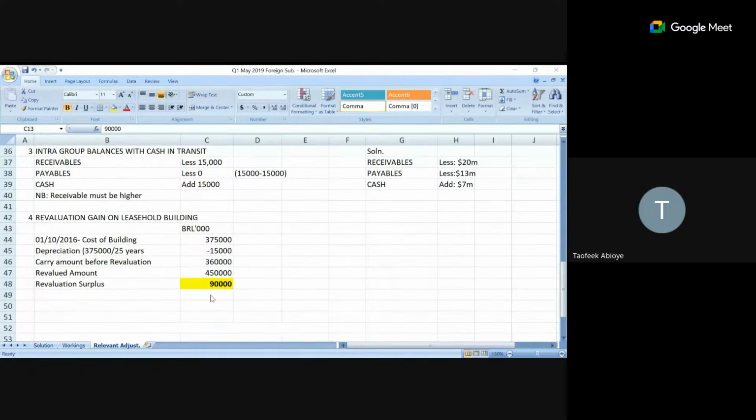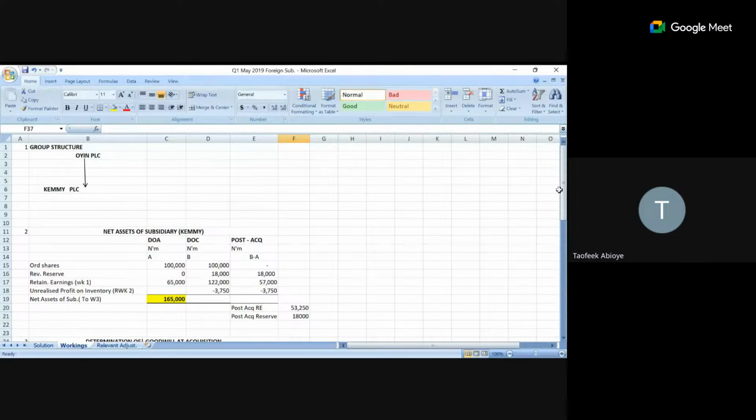Now, I think we can balance our book. Let's balance our book. Have we done the group structure? No, we have not done the group structure. So let's calculate the group structure together.